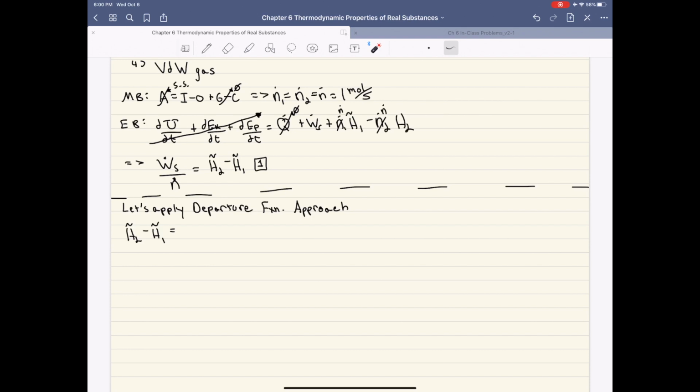In the departure function approach, the way we calculate this difference between enthalpies is we split it up into an ideal gas contribution, and then we have another contribution that accounts for all the non-idealities in our system. Okay? The term on the left-hand side is the total delta H. The first term on the right-hand side you could think of as an ideal gas delta H.